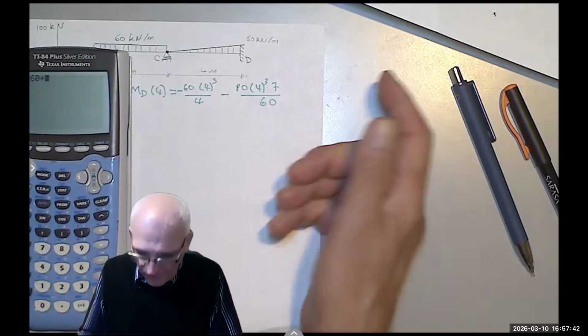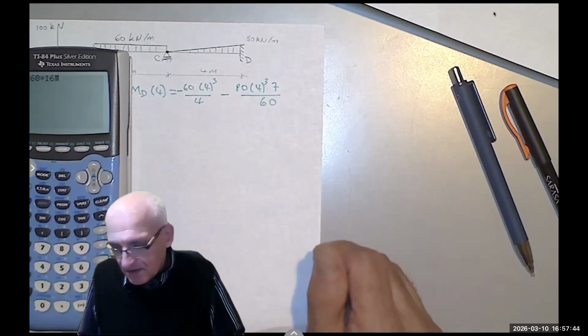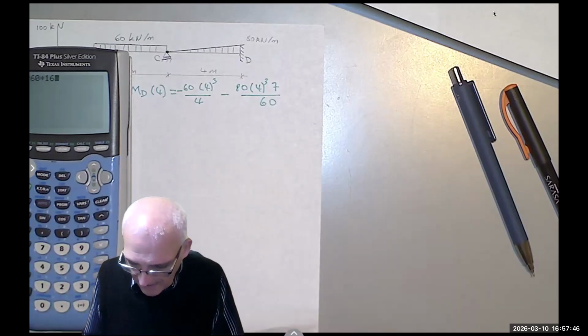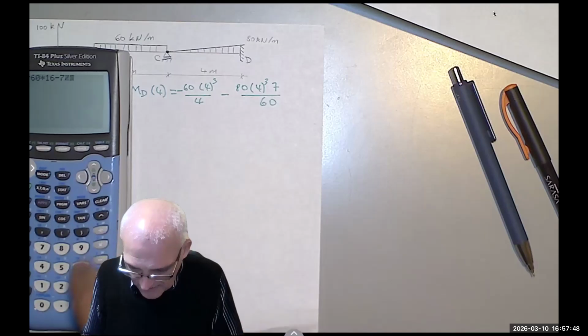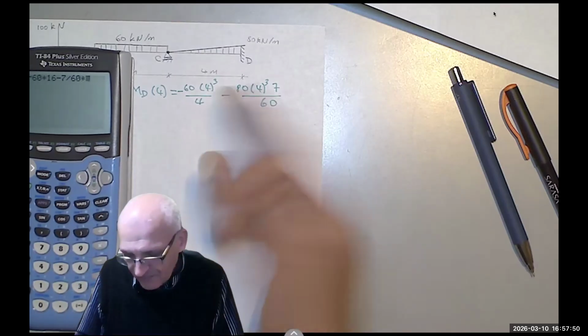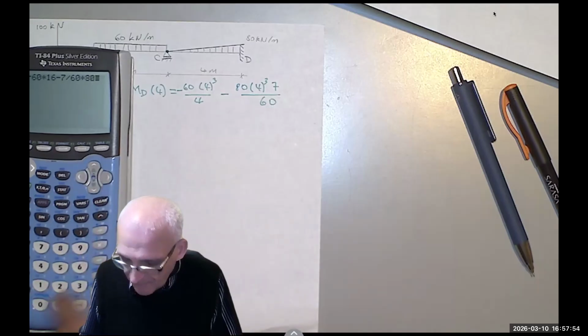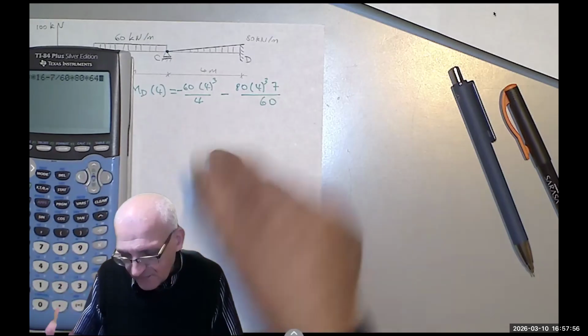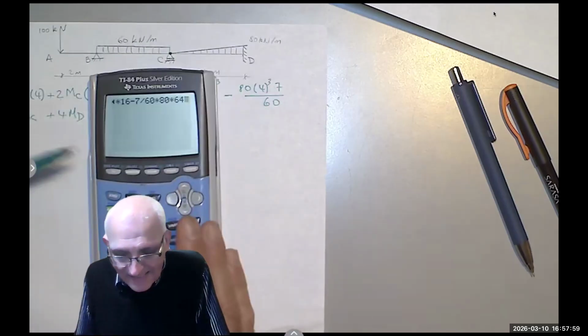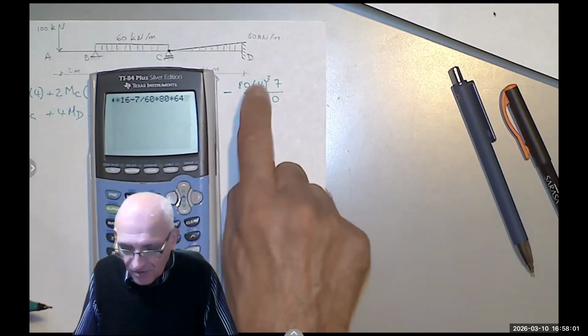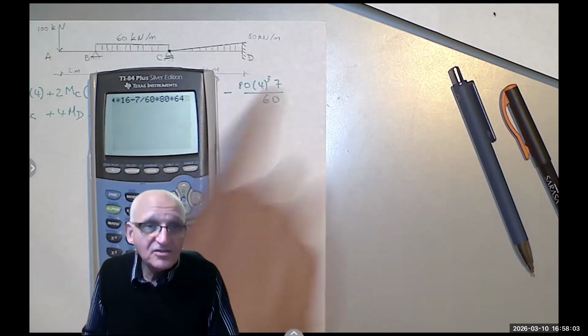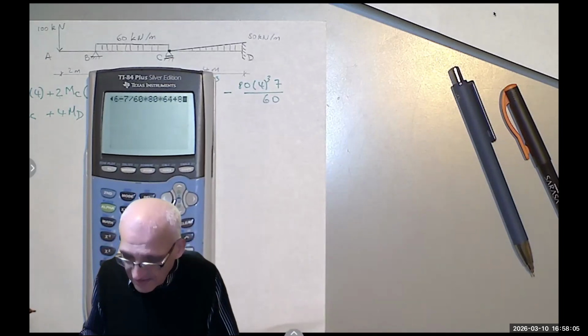If it's 4 cubed over 4, it's 4 square, minus 7/60. Usually we write 7, doesn't matter, times 80 times 64, which is 4 cubed. And then I'm going to add to that. Notice these were negative, but when I move that, I'm going to add 800 to both sides. So plus 800.